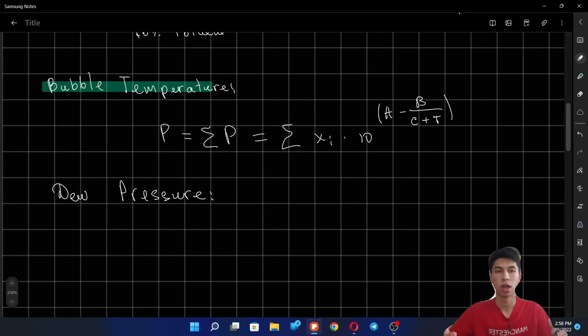So this time our xi, the mole fractions of components in the liquid phase, should be equal to 1.